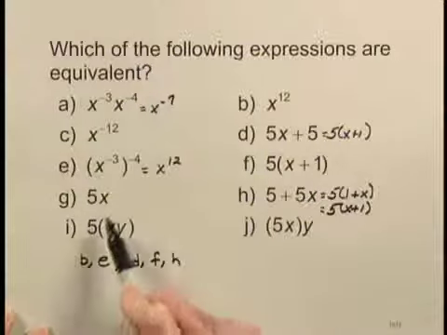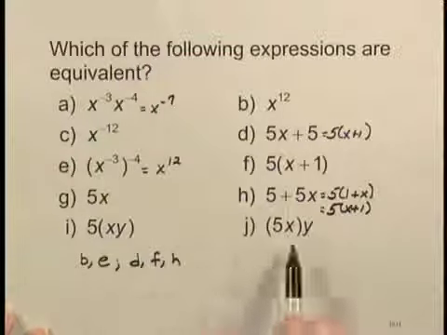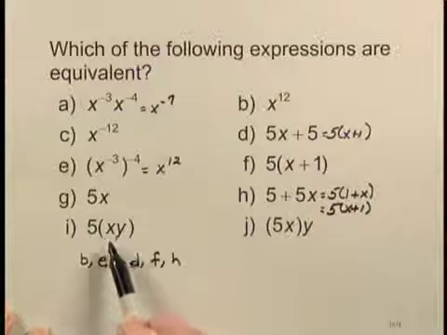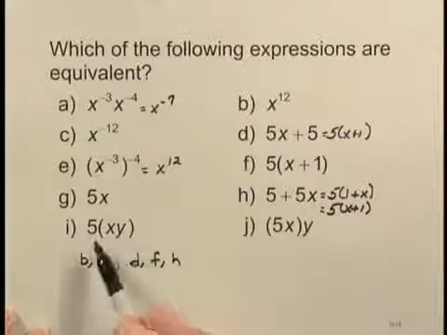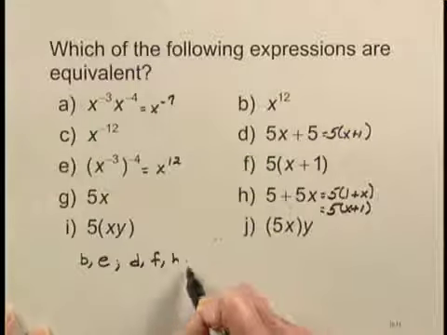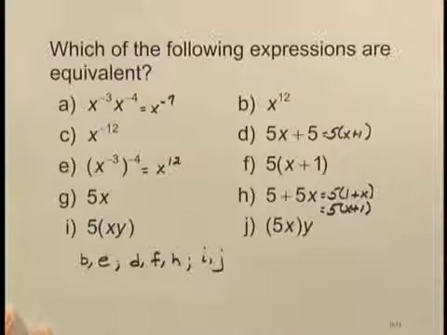And 5x, I don't see anything that matches with 5x. But if we look at I and J here, by the associative law of multiplication, these are equivalent. I can either group the x and y together and then multiply by 5, or I can group the 5 and x together and then multiply by y. So we can also say then that I and J are equivalent expressions.